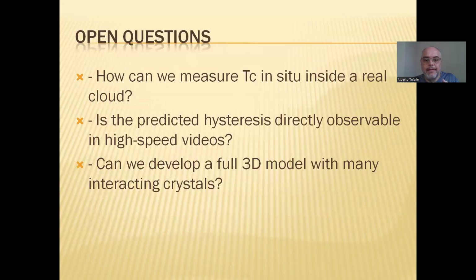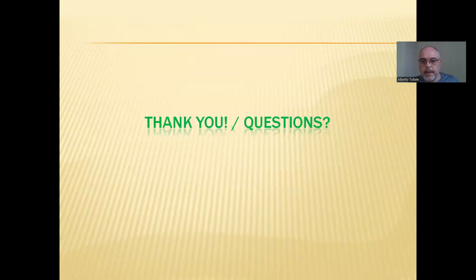Is the predicted hysteresis directly observable in high-speed videos? Can we develop a full 3D model with many interacting crystals? I guess that's possible, because I have already seen something similar in a tank of ferrofluids and magnets, and you can see something very similar to this motion of the jumping sundogs.